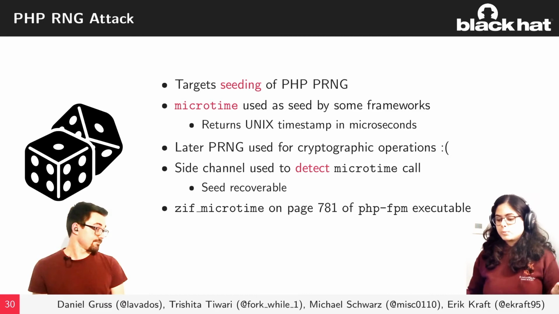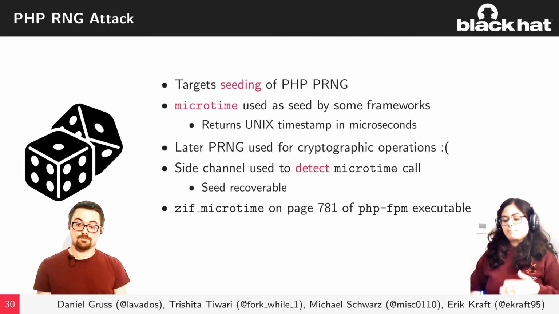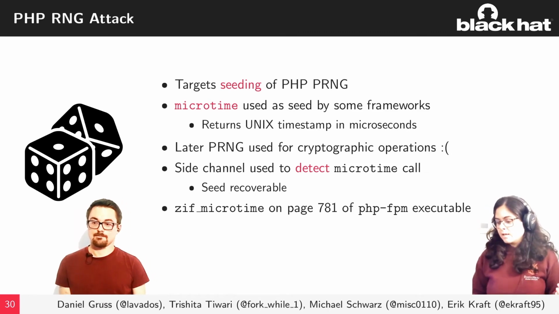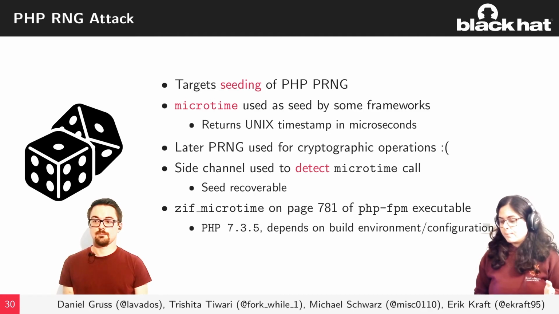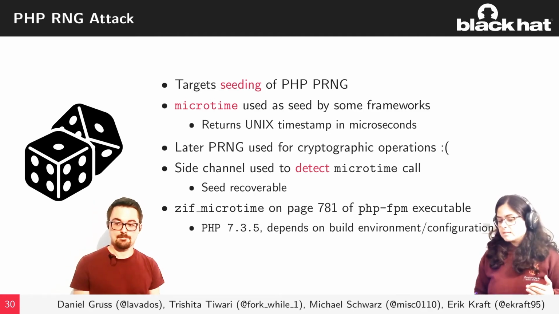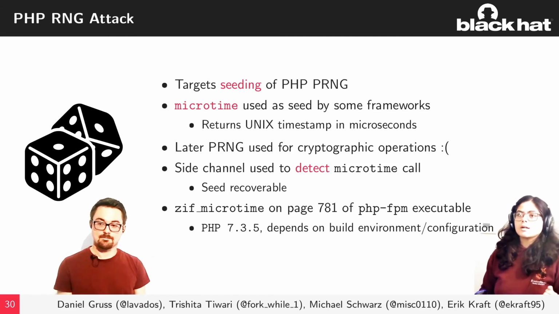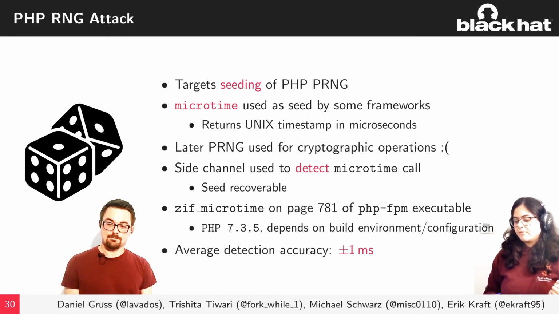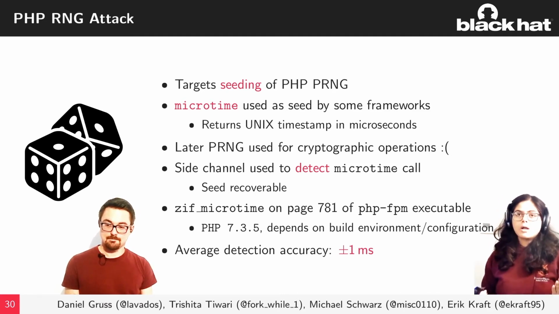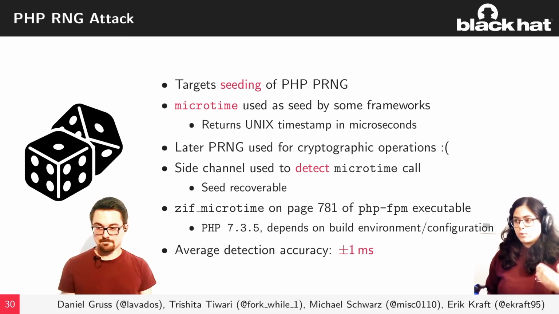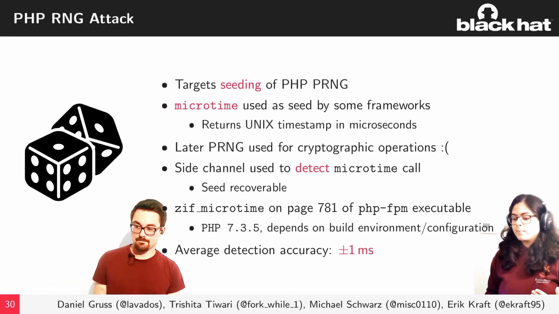We look for the zip microtime call, which is on page 781 of the executable that is our target, and it depends on different build environment settings. For this particular attack, we use PHP 7.3.5. The average detection accuracy was within 1 millisecond, which is pretty good. And so the seed was very easily recovered, as we'll now show.